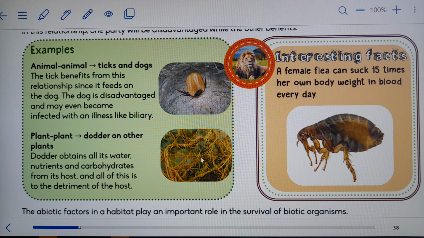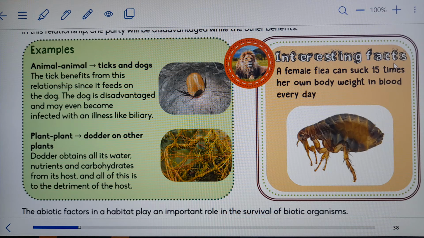You see, so one plant gets water and carbohydrates from another plant, right? And the other plant does not benefit, and actually it might even die because of that.